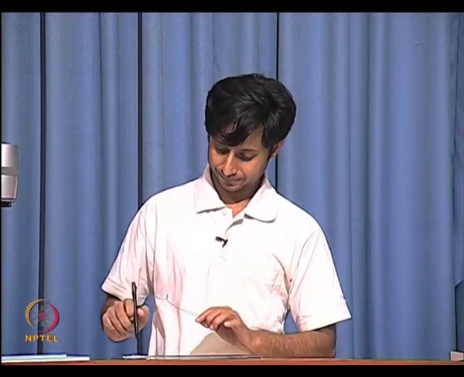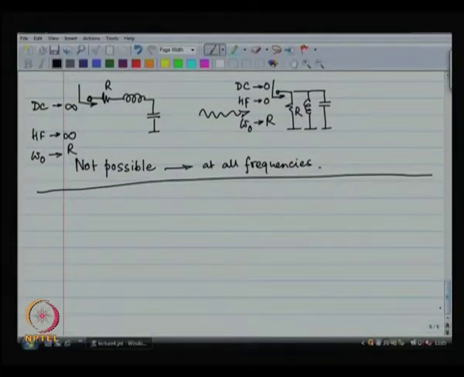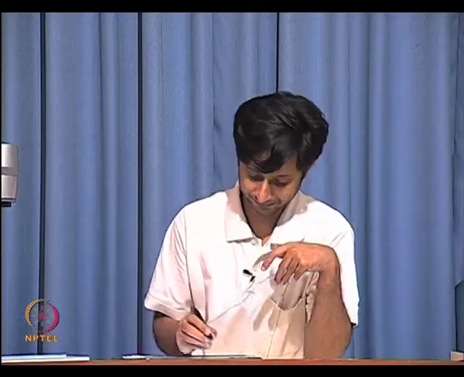All right. Now, let us try to go step by step. So, first observation is, if you want to do a series to parallel transformation or a parallel to series transformation, then it is in general not possible to do such a thing. Second observation is that it is possible to do such a thing at some frequency point or points. All right.